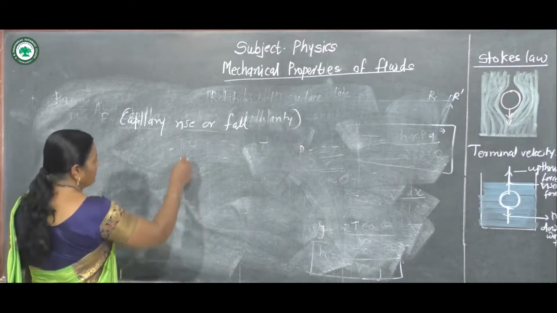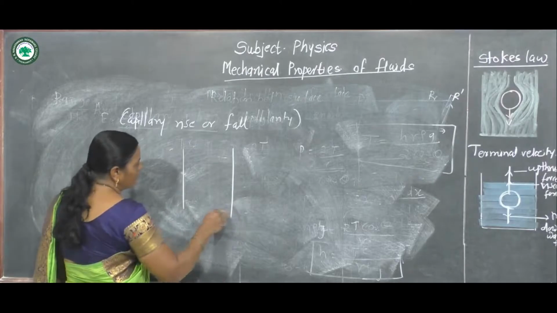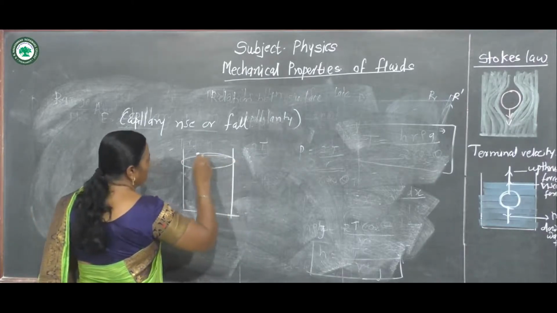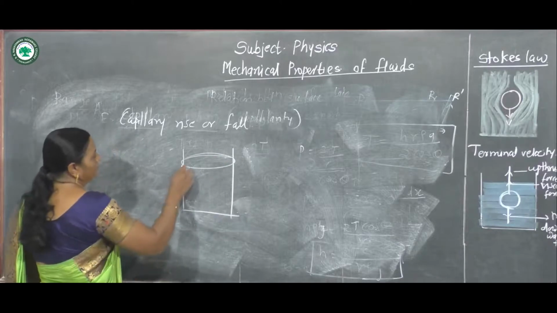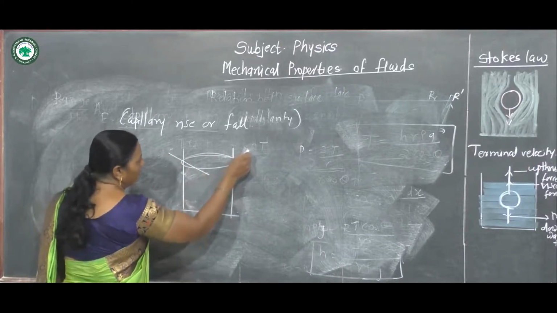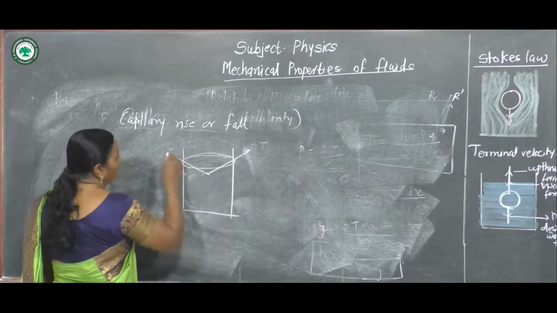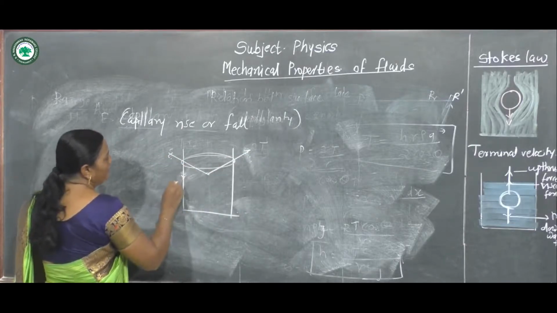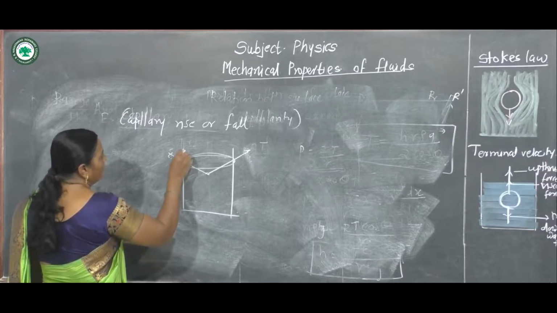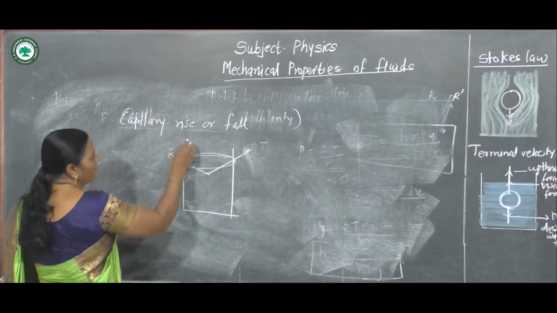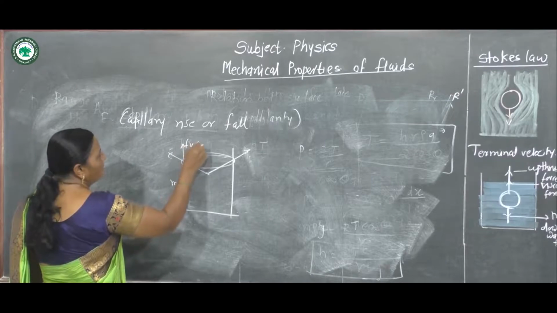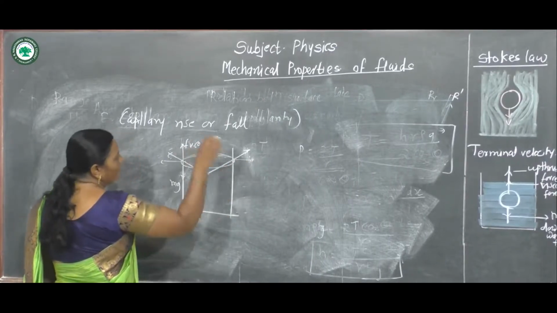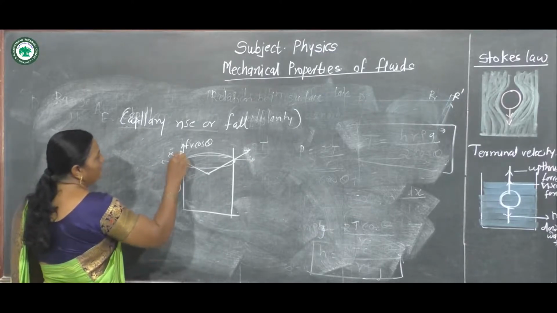Using forces. Suppose this is the upper surface, it is circular, and this is the force of surface tension. The weight acts in the downward direction, and this is the vertical component of surface tension, F cos theta. Horizontal components cancel each other, and this angle is theta.